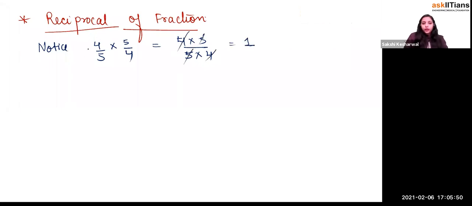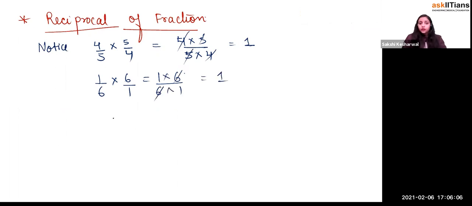So 5 by 4 is just the reverse of 4. If I write 6, it is written as 1 by 6. So this is written as 6 into 1 upon 1 into 6, so this and this cancel out. So your answer is 1. So reciprocal of a fraction means that the multiplication of the two numbers gives you the answer 1, right?